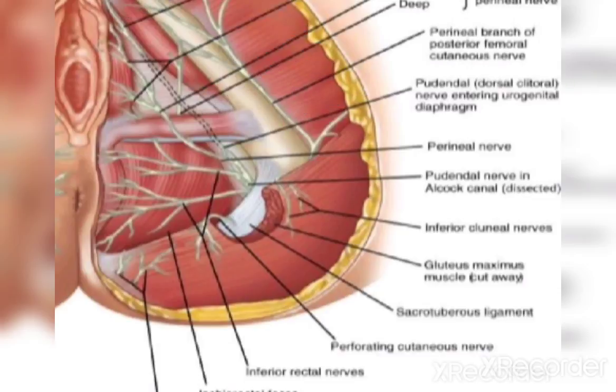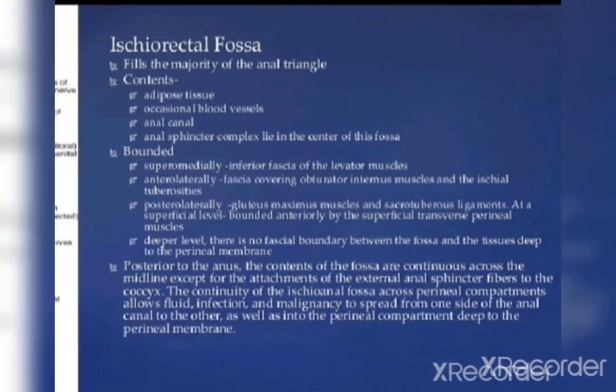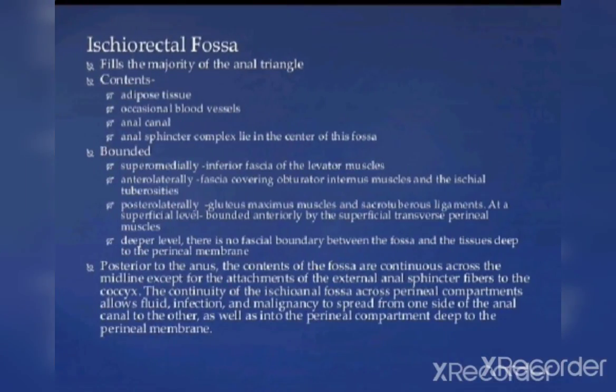Now we'll switch to the next, the ischiorectal fossa. What is the ischiorectal fossa? It fills the majority of the anal triangle. Its contents are adipose tissue, occasional blood vessels, and the anal canal and anal sphincter complex in the center of this fossa.